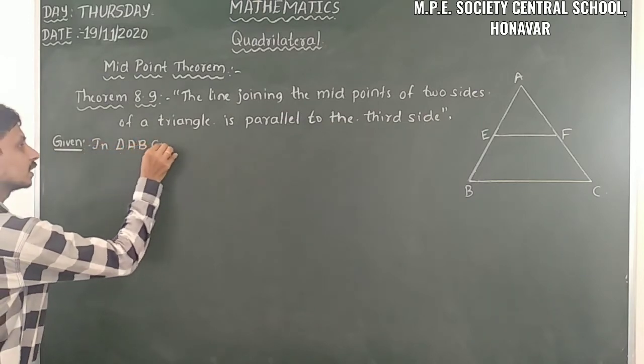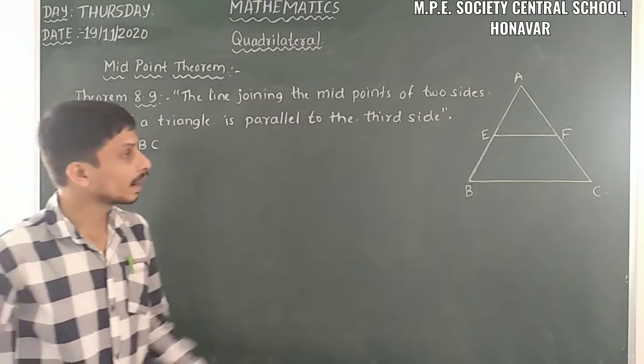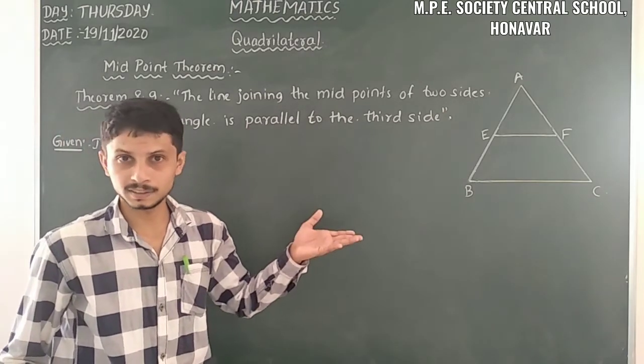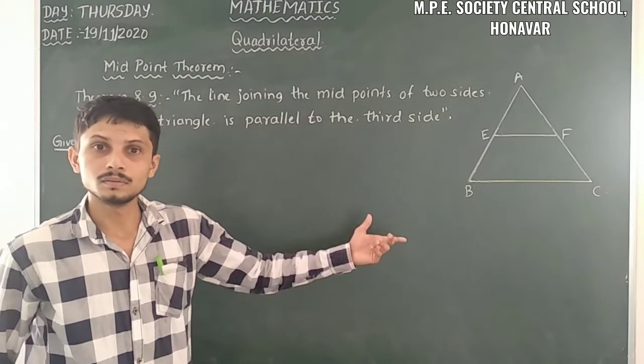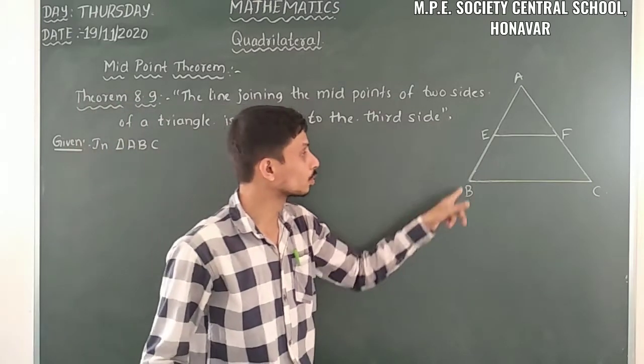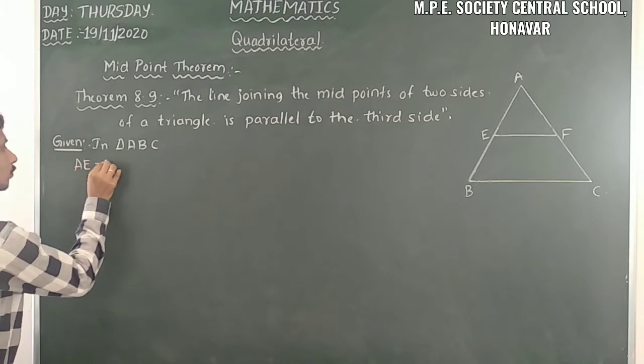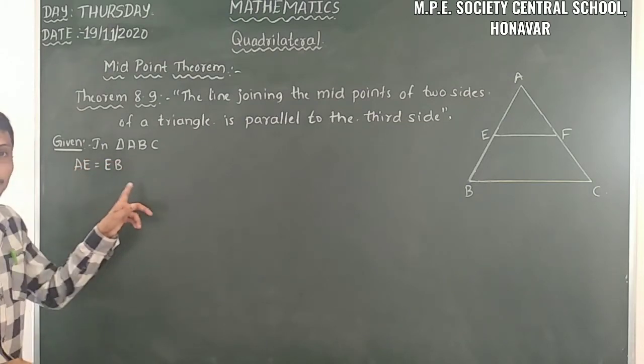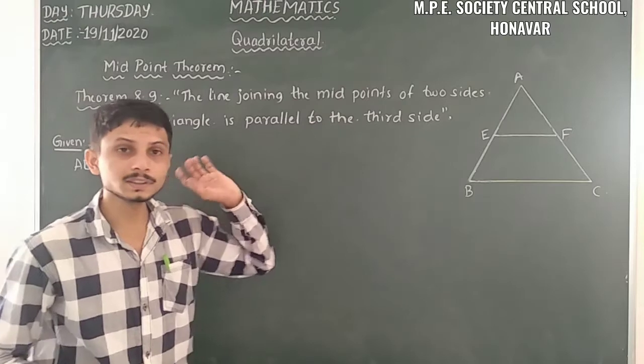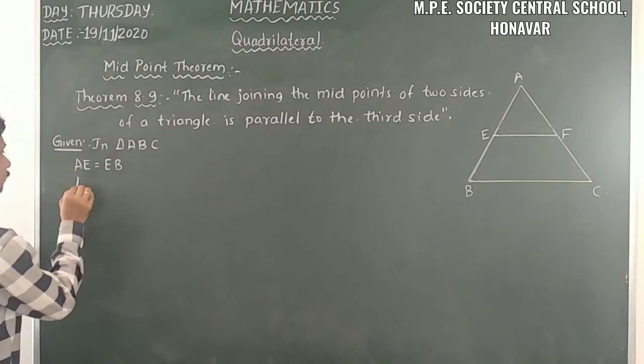Given: consider triangle ABC, in triangle ABC, E is the midpoint of AB and F is the midpoint of AC. It is given. Then here AE is equal to EB. We want that one. AE is equal to EB because E is the midpoint of AB. Then AF is equal to FC.